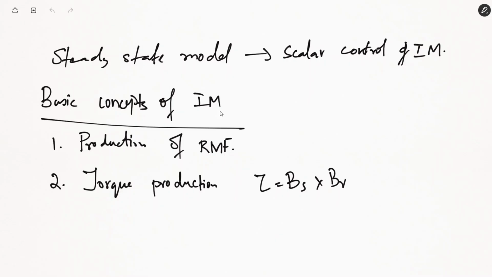That is the production of rotating magnetic field: how a rotating magnetic field is produced in case of any polyphase AC machine, because of the sinusoidal nature of the three-phase or polyphase currents, and how a torque is produced because of the interaction of the two magnetic fields, the stator magnetic field and the rotor magnetic field. So you can revise these concepts on your own. Go through these concepts once again.